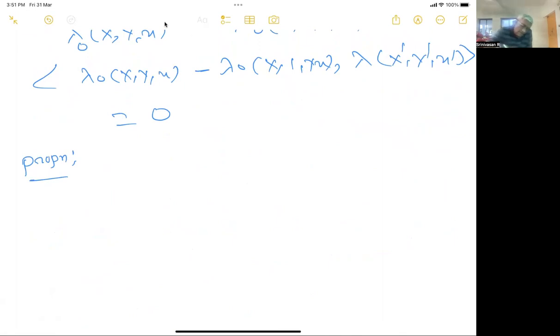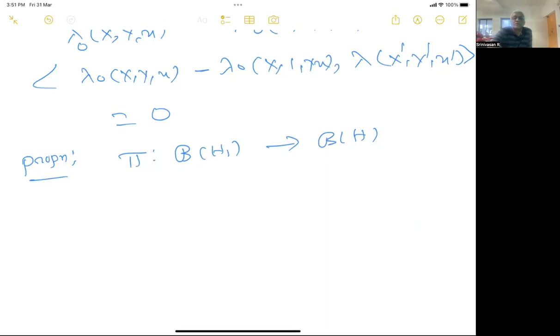I want to define a map pi from B of H1 to B of H. There exists a homomorphism from B of H1 to B of H such that pi of any x acting on any vector in this total set of vectors, lambda, this is maybe x naught acting on lambda of x, u.